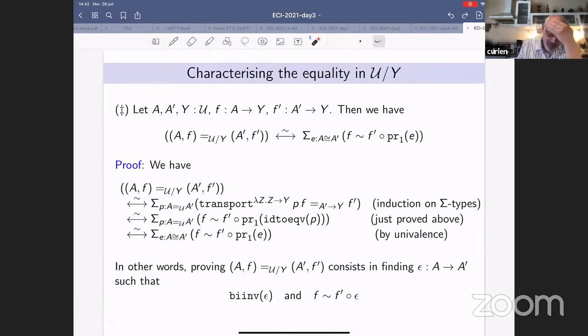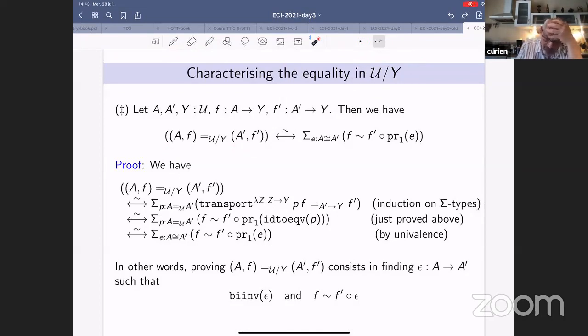So the characterization I'm seeking is this one. I want to show that two inhabitants of the type U over Y, namely some A, F and some A prime, F prime.